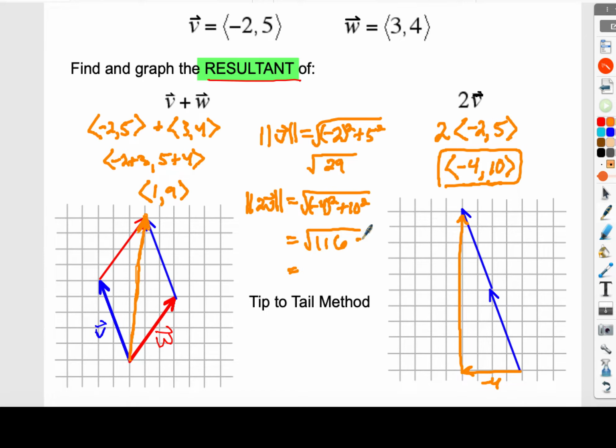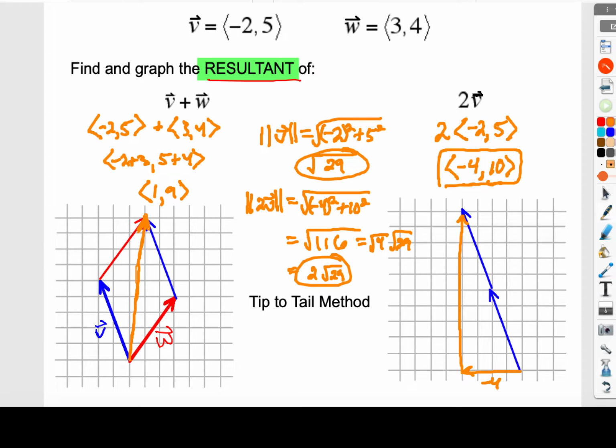So this actually comes out to the square root of 4 times the square root of 29, or basically 2 root 29. We've taken our magnitude and we've doubled it by doubling the vector.